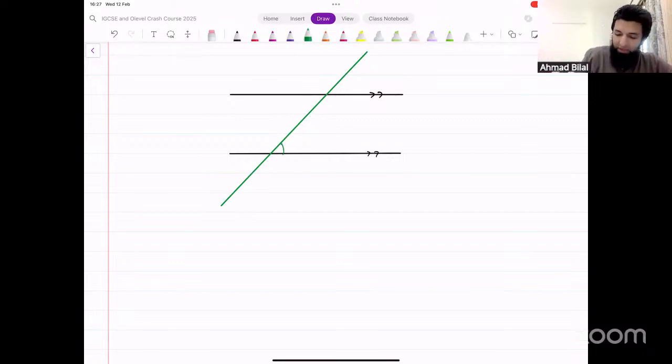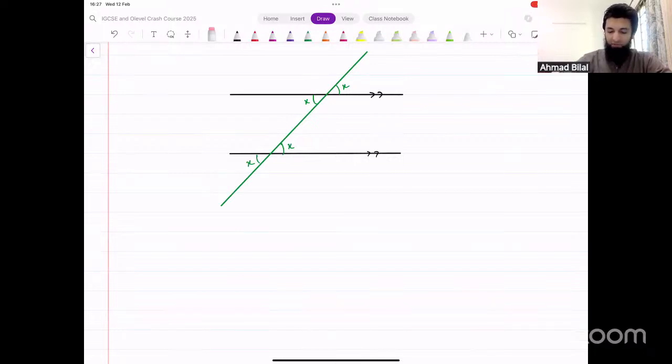But if this angle is x, then what other angles are equal in this case? If this is x, this angle is also x. Why? Because these are alternate angles. This angle is also going to be x. These are vertically opposite angles. This is also x because this is vertically opposite to that. All of these angles are going to be x. Okay. These are alternate angles. Again, we'll talk about that in another class separately, but we might need to use them somewhere here.